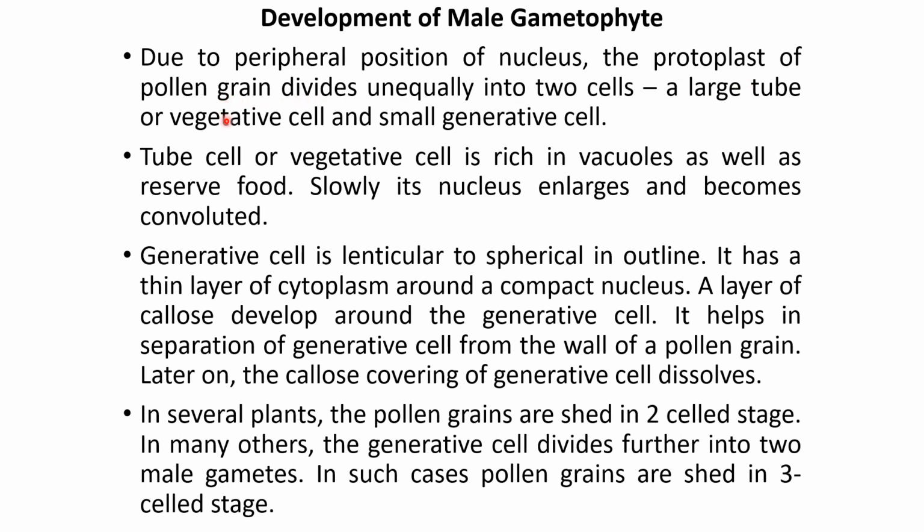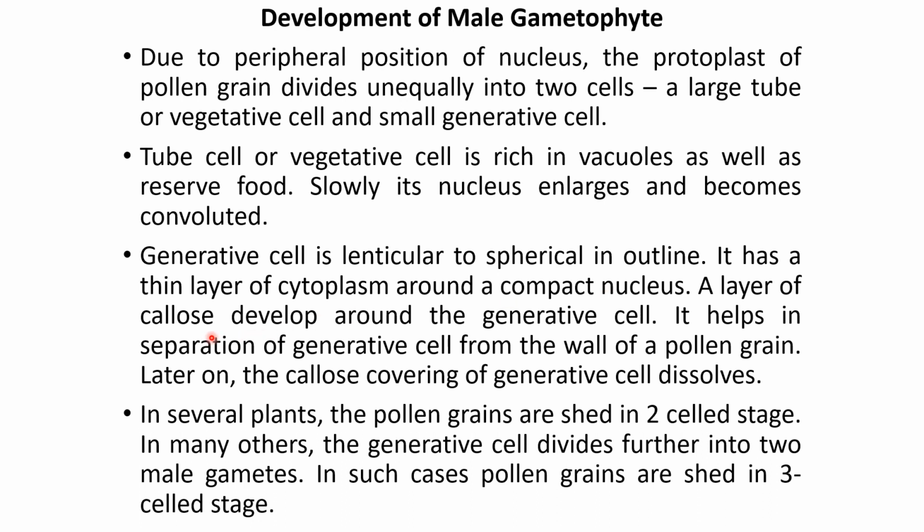The tube cell is rich in vacuoles as well as reserve food. Slowly its nucleus enlarges and becomes convoluted. The generative cell is lenticular to spherical in outline. It has a thin layer of cytoplasm around a compact nucleus.